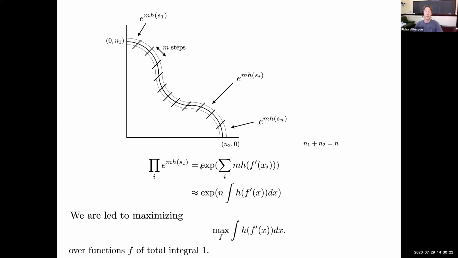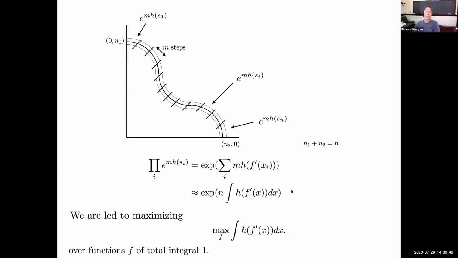Okay, so then the exponent of this sum becomes, this is of course a Riemann sum for a certain integral, which is just the exponent of n times the integral of h applied to the derivative of f. Right, this is just a formal Riemann sum for that integral.